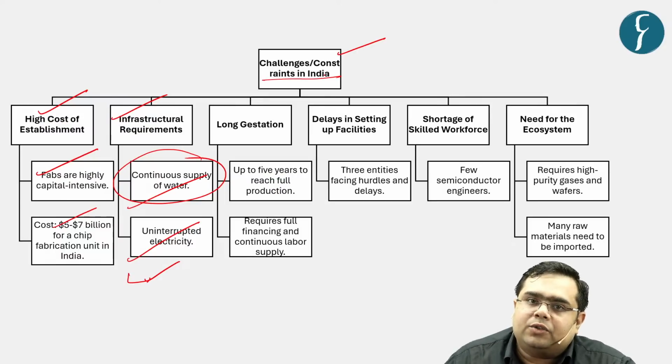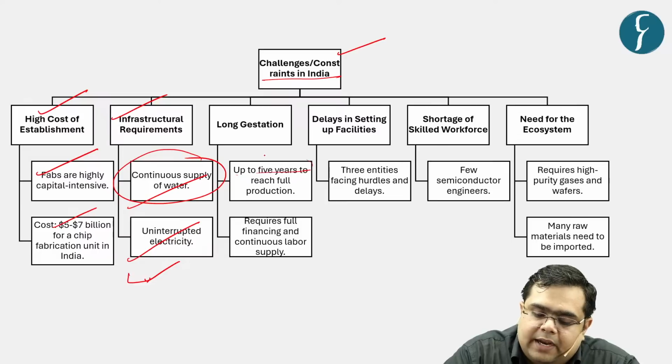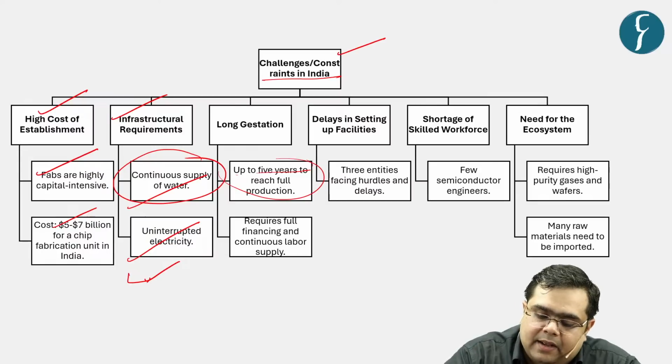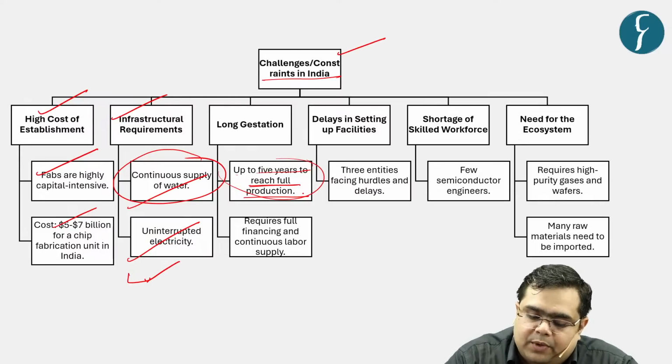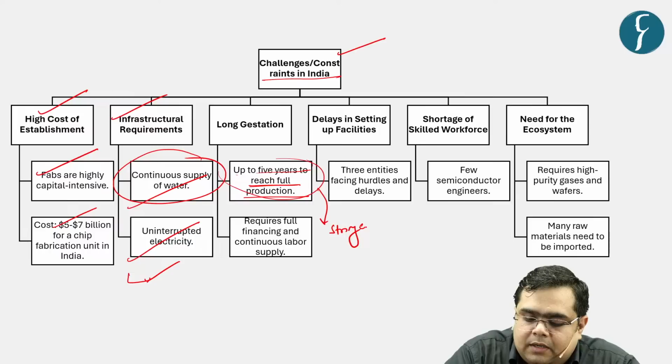Now another issue is with respect to long gestation period. It requires up to 5 years to set up an industry and reach its full production potential. And why? The reason being very stringent IPR laws, right?